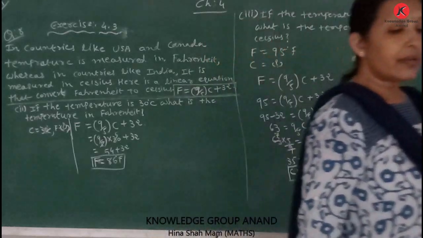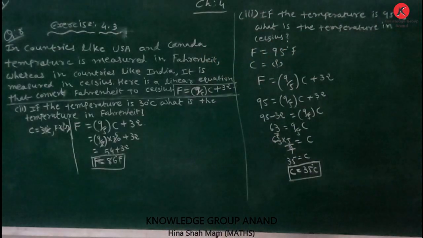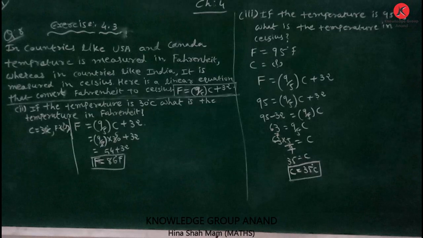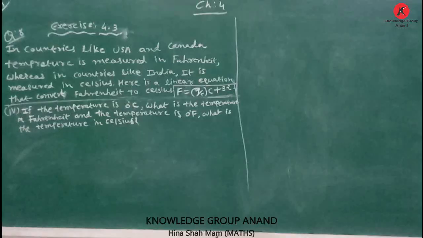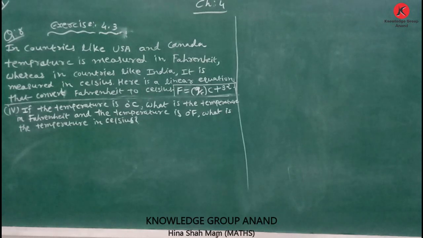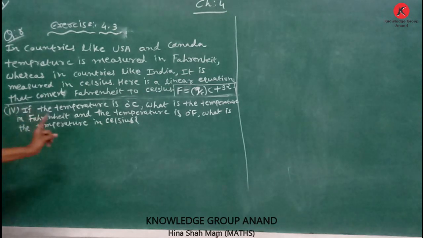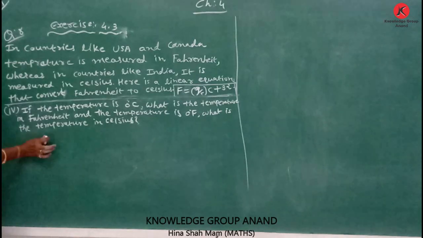We do our question number 4. If the temperature is 0 degrees Celsius, what is the temperature in Fahrenheit? And if the temperature is 0 degrees Fahrenheit, what is the temperature in Celsius?